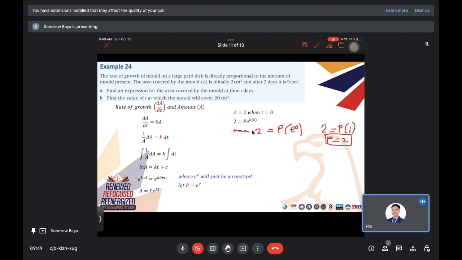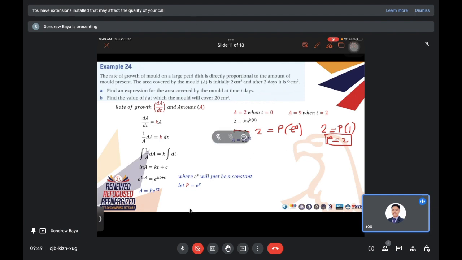Now, having the value of this already, we can proceed. A is equal to 2, which is the value of P, times e raised to kt. This time, we have to find the value of k to get a specific function. To find the value of k, we are given that A is equal to 9 when t is equal to, that's the second one, right?